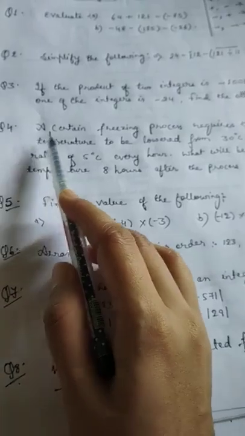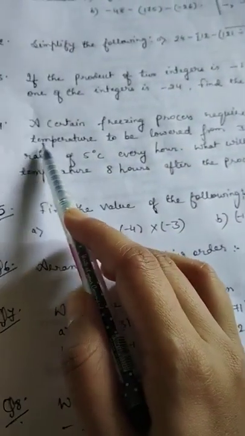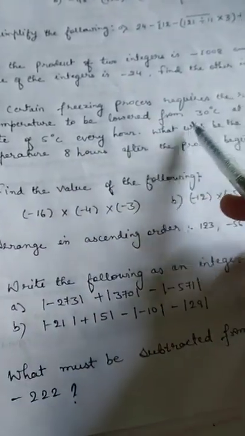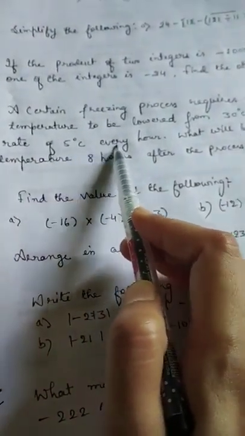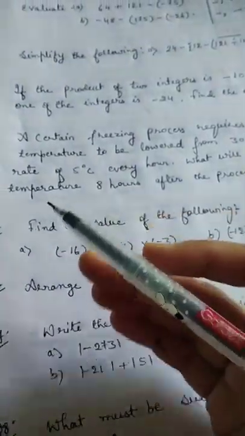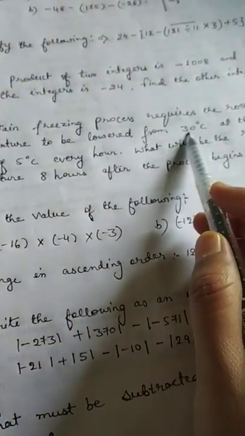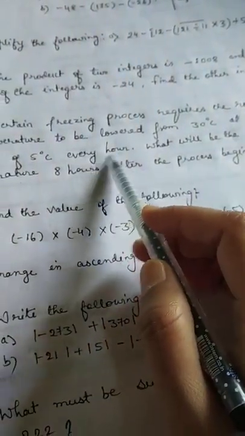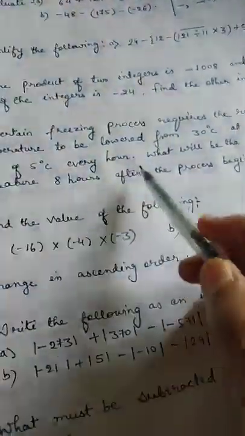Question number 4. A certain freezing process requires the room temperature to be lowered from 30 degrees Celsius at the rate of 5 degrees Celsius every hour. Means every hour the room temperature will get reduced by 5 degrees Celsius. And 30 degrees Celsius is the room temperature. From 30 degrees Celsius it will get reduced 5 degrees Celsius every hour.